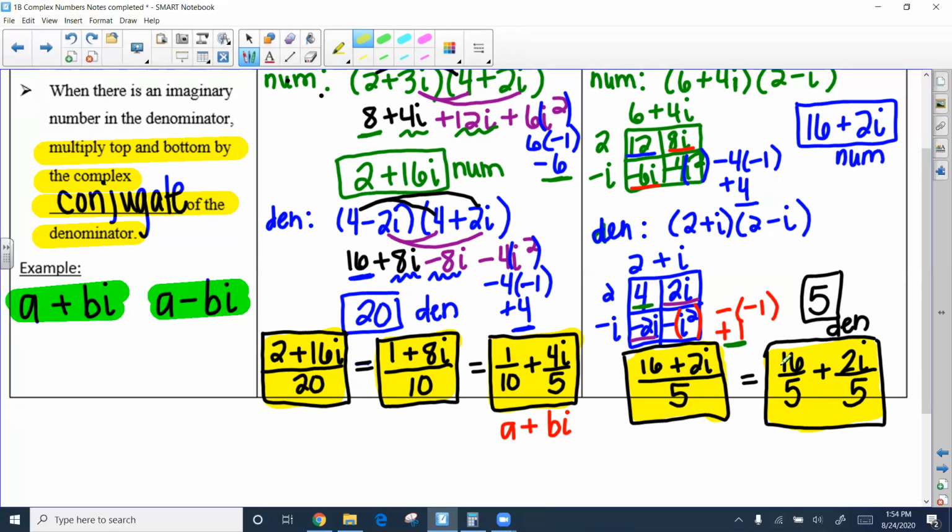Neither is wrong. Usually, I don't care which way you write it, but the second way is actually written as a complex number because it's got the real part and the imaginary part separately.